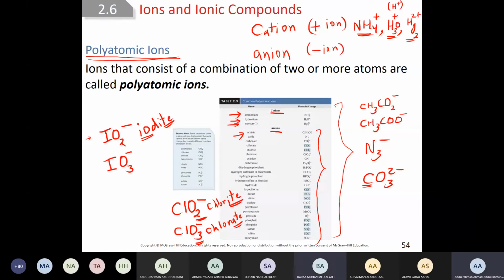From where do you bring this one, the IO? The name of the element. Iodine is the name of the element, exactly. What's the name of the second one? Iodate. Excellent. So the difference is ite and ate. Good. Sometimes we have, even for chlorate and for bromate, this one as well.